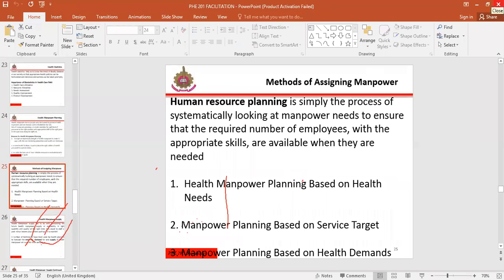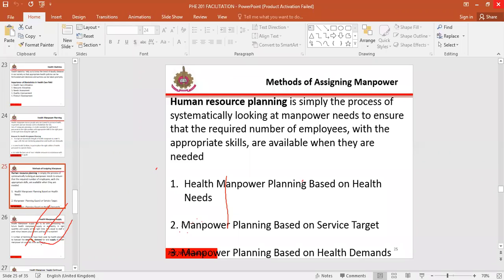Method of assigning manpower in health facilities. This is simply the process of systematically looking at manpower needs to ensure that the required number of employees with the appropriate skills are available when they are needed. That was what I explained in the previous slides. When you are doing this, you can base it on the health needs.